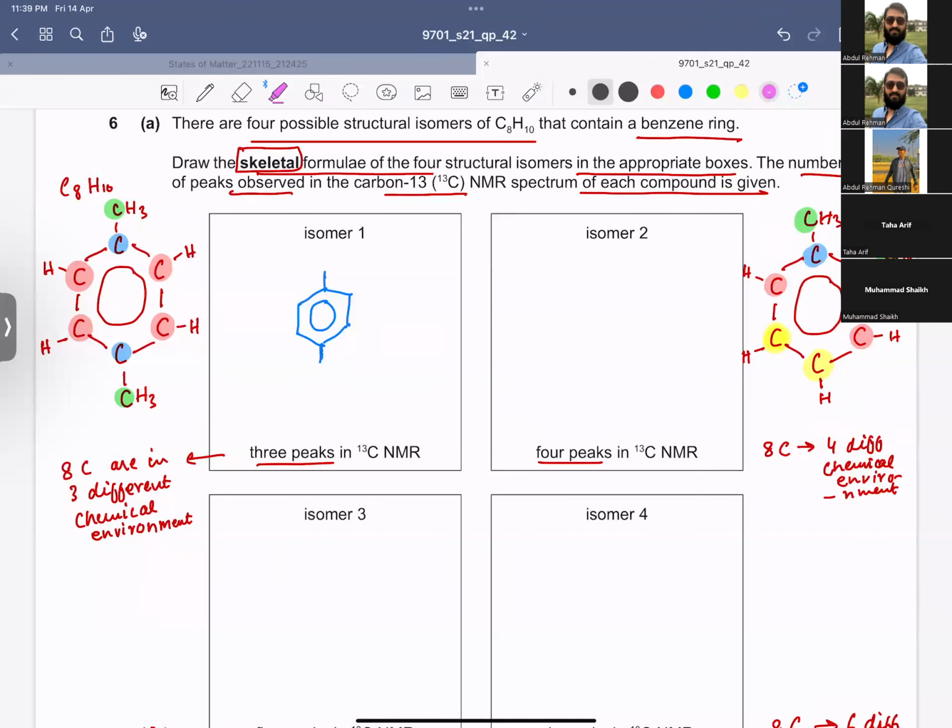So here we are observing 8 carbon atoms in 4 different chemical environments. So the skeletal formula for isomer 2 would be like this. Oh, sorry. It would be like this. Is this clear to everyone?